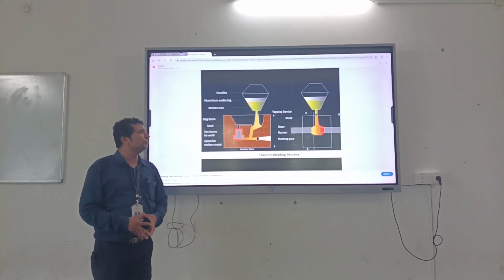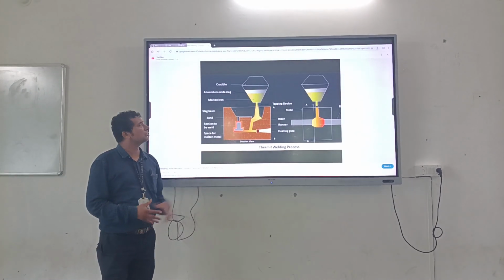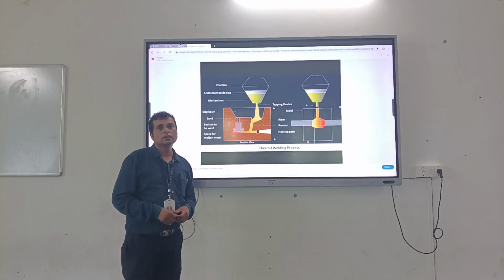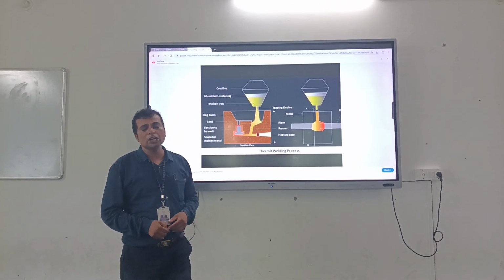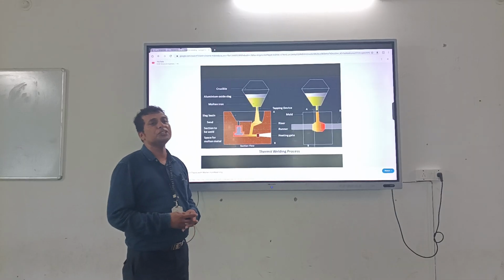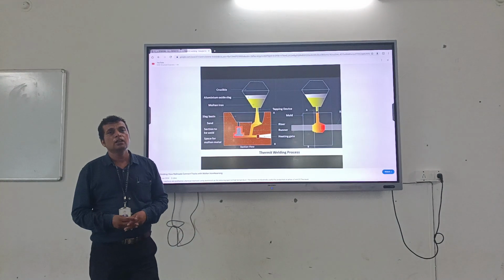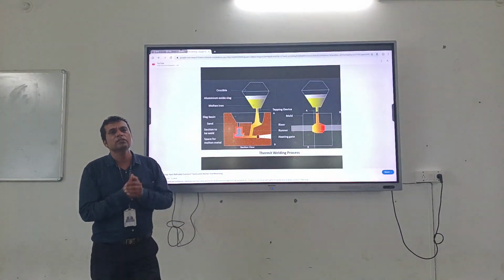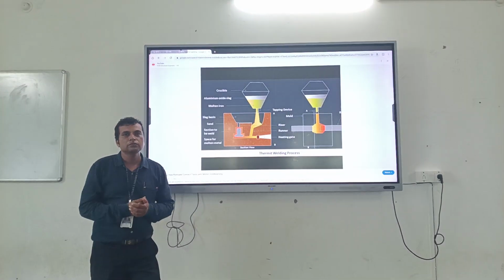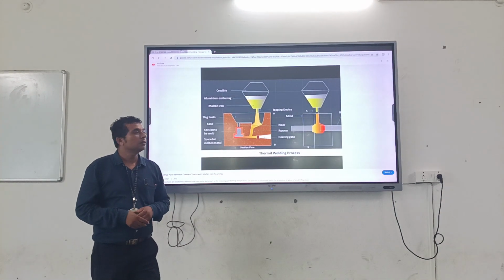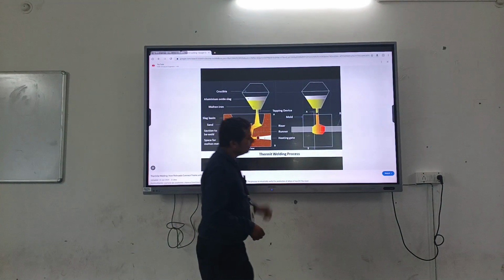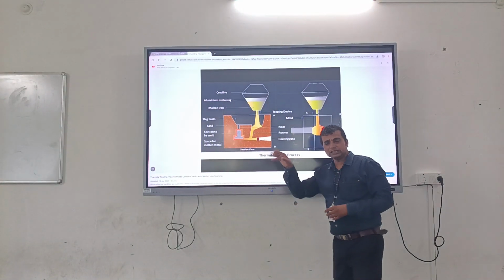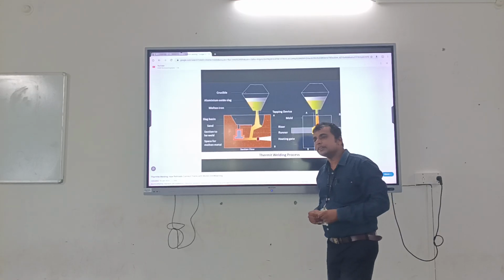So from this chemical reaction of thermit mixture, 3.01 megajoule per kg, a tremendous amount of heat energy, is generated. After that, we can also increase the heat content by adding sodium salt in the crucible.